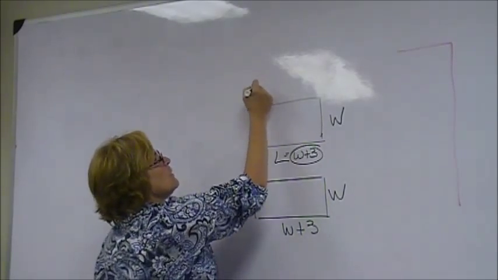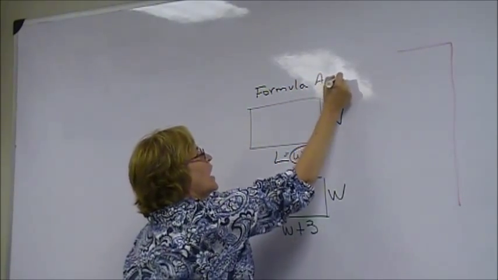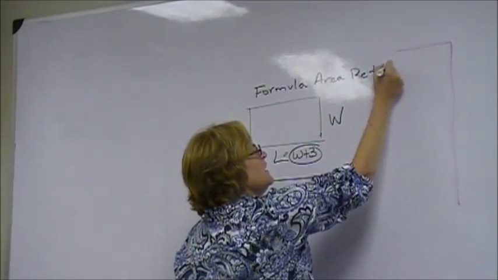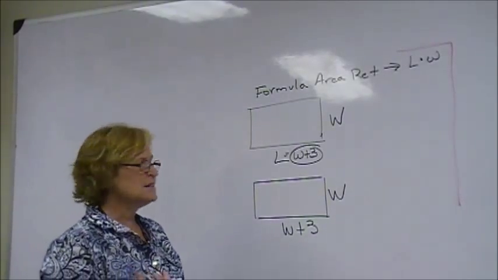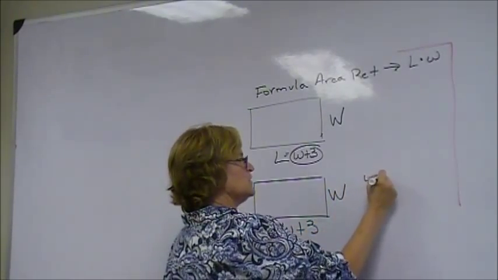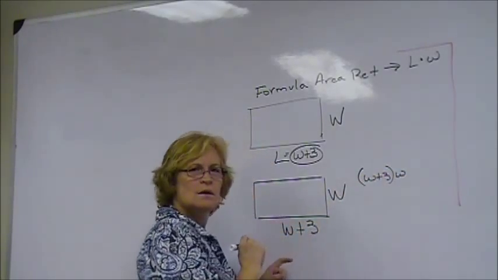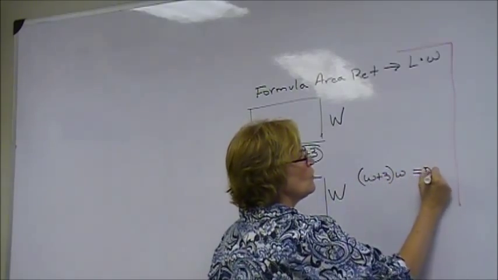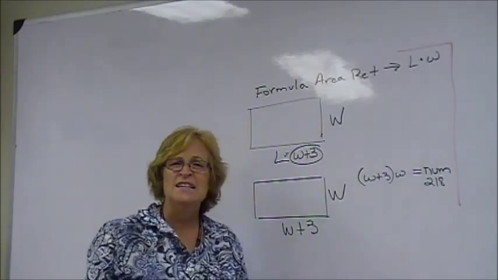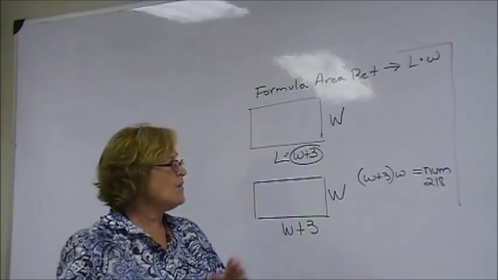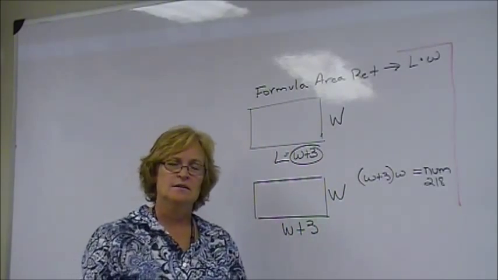I hope you all remember a formula. The formula for area of a rectangle is length times width. But in this case, my length is W plus 3, and my width is W, and then whatever my numerical value was, and I think it was 200 something, maybe it was 218. I just rewrote the formula using the measurements that I was given.